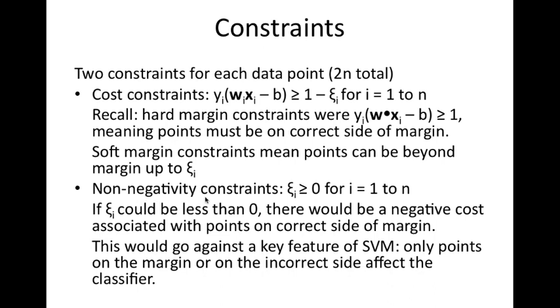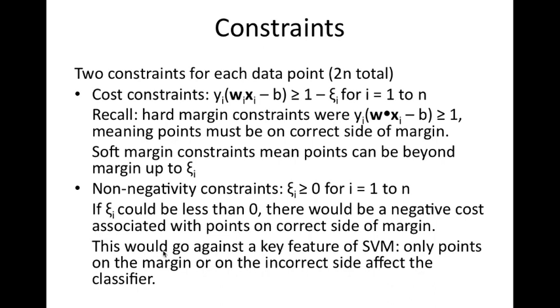So then there are also non-negativity constraints. So ξ has to be greater than or equal to 0 for all i. The reason for this is that if ξ could be less than 0, then that would mean there's a negative cost associated with points on the correct side of the margin. So correctly classified points from the training data would be subtracting from costs.